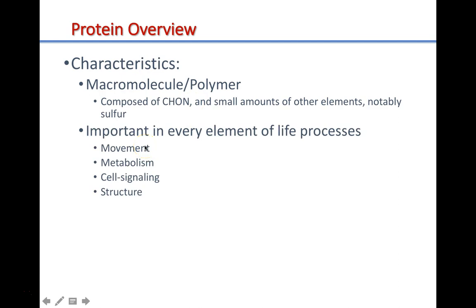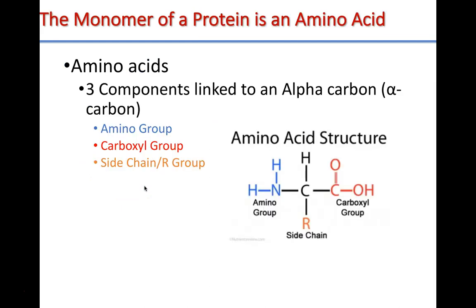You're going to see proteins in every aspect of life. When you think of movement, your muscles are comprised mostly of protein. Your metabolism, as we'll talk about later, has proteins called enzymes that are really critical, as our cells communicate with one another, and the structure of our body is also comprised of proteins.